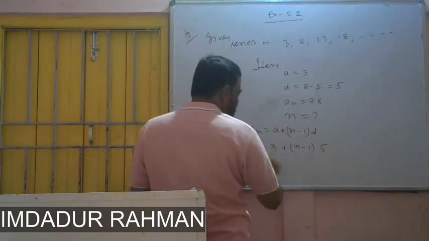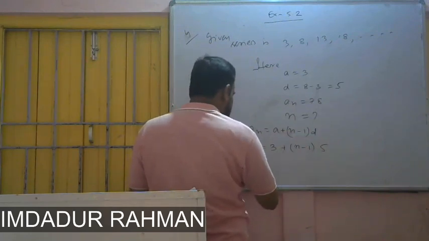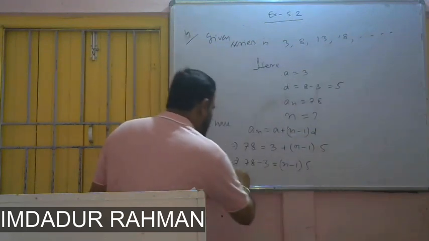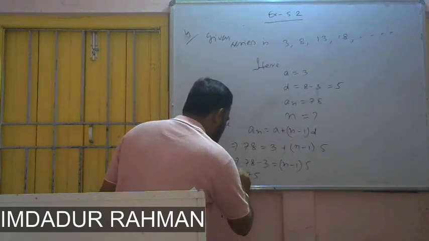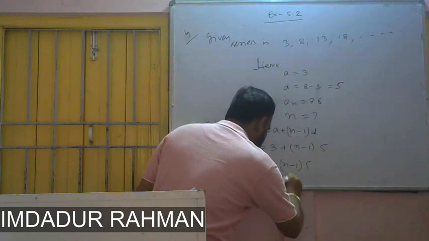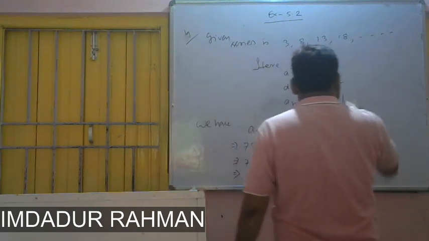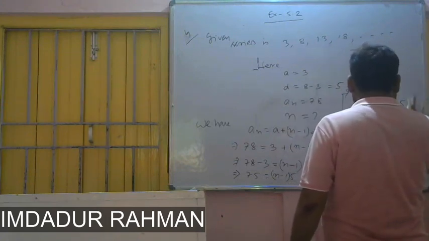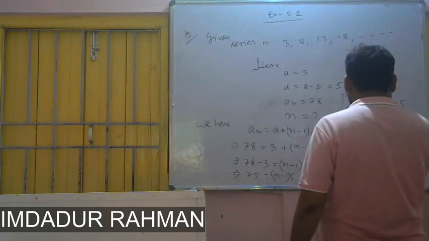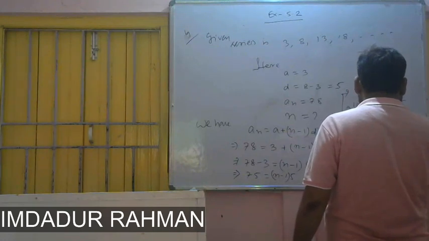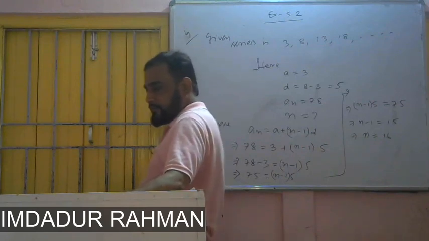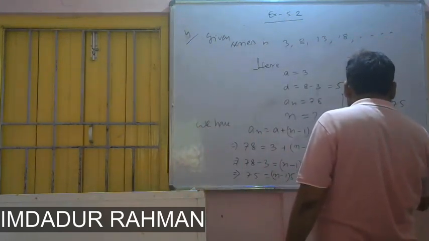Now, as we have to find N, change the side of the 3. This implies N minus 1 into 5 is equal to 75, which implies N minus 1 is equal to 15, so N is equal to 16.